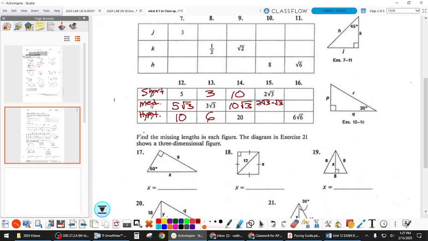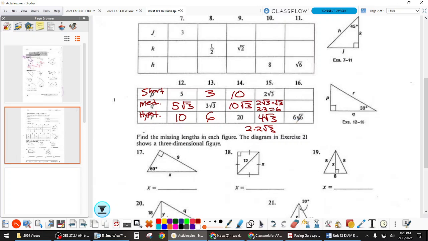So this is really 2 times 3, which is 6. Okay, how about short to hypotenuse? Just times 2. So 2 times 2 root 3. What do you do with those 2's? Yeah, just multiply them. So this is 4 root 3.